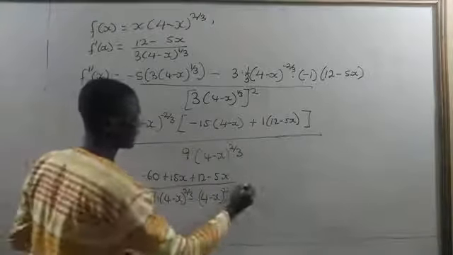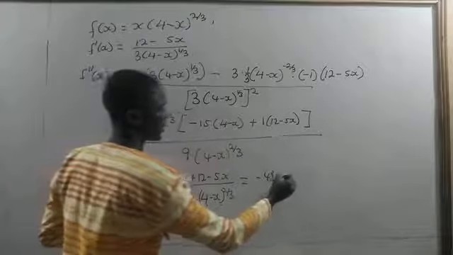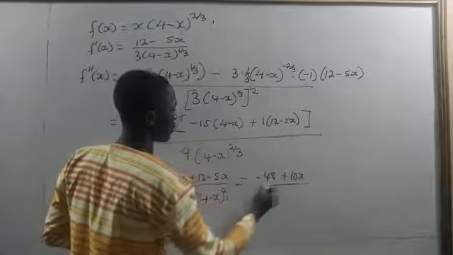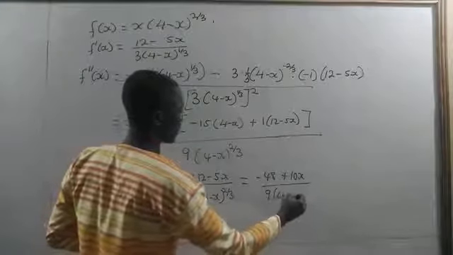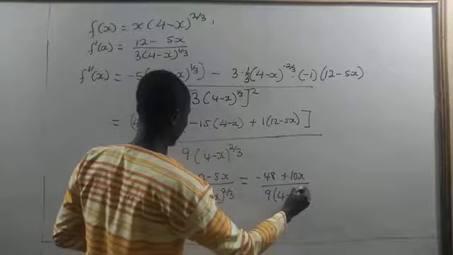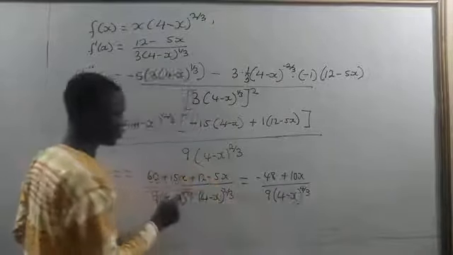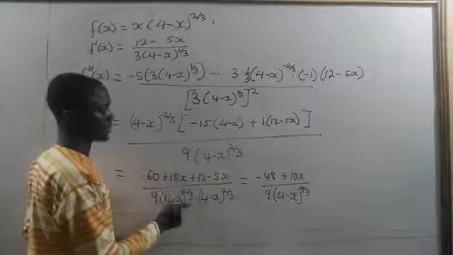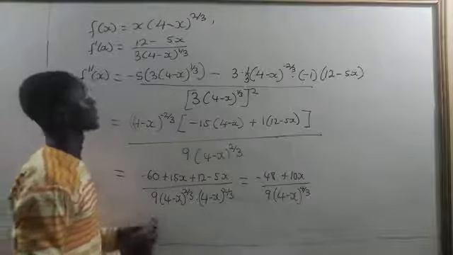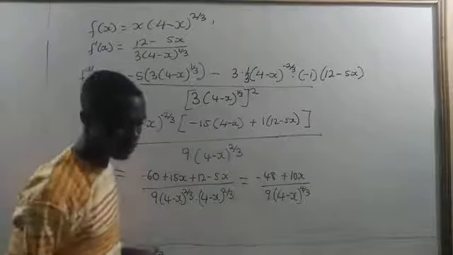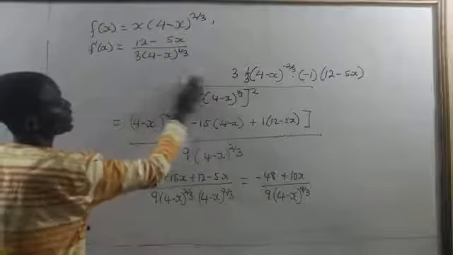Now, this will give us minus 48 plus 10x all divided by 9 times 4 minus x to the power 4 out of 3. Because 2/3 plus 2/3 will give us 4/3 as our second derivative. So let me write the second derivative also down. I think we are very, very good to go.